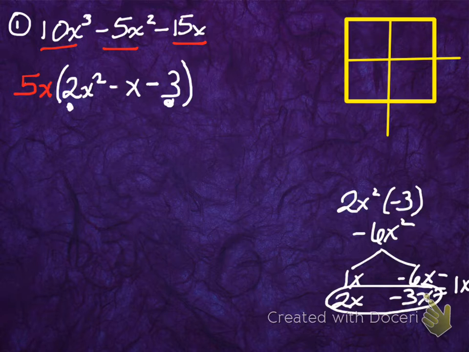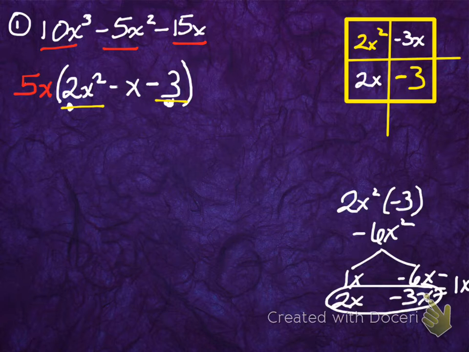And so I'm going to put those in the diagonal. It goes down. Then I'm going to bring in what I had originally as my first and my last term. So in this case, that is 2x squared and negative 3.